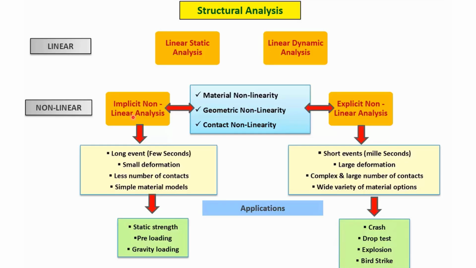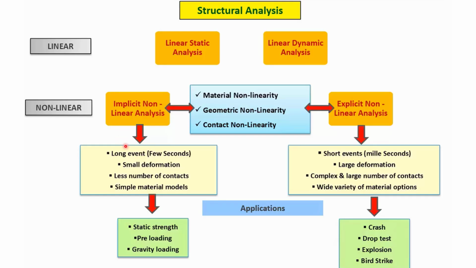In the implicit non-linear analysis, what we consider is long events lasting a few seconds, the small, gradual deformation over every millisecond. For simple material models and models with fewer contacts, we use this implicit analysis.